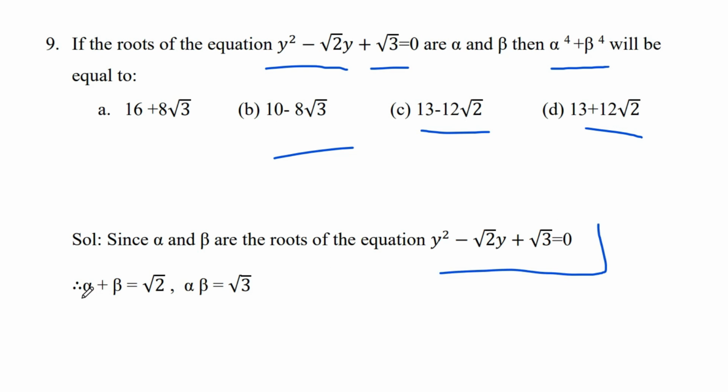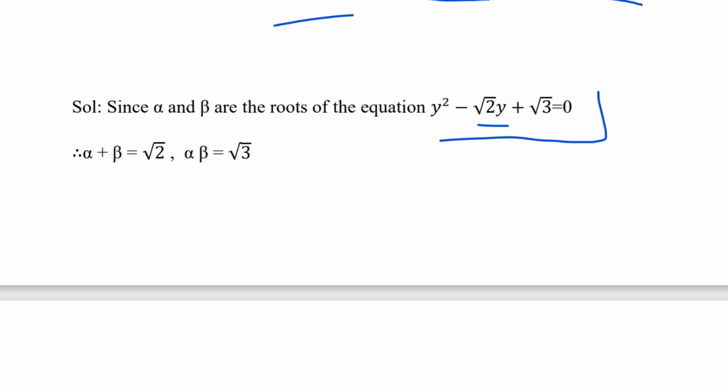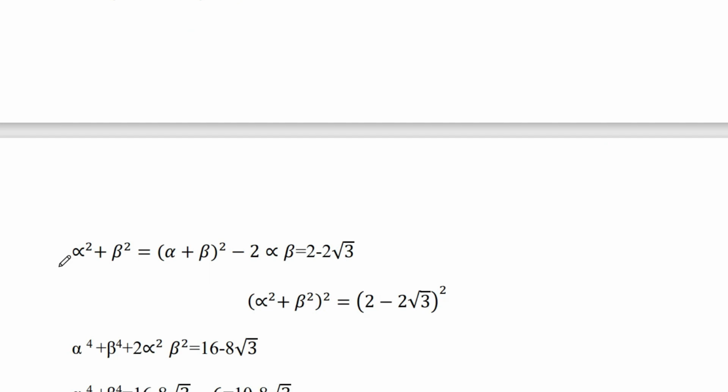Simply calculate the value of alpha square plus beta square. It can be written as (alpha plus beta) whole square minus 2 alpha beta, and by putting the values we will have 2 minus 2 root 3.